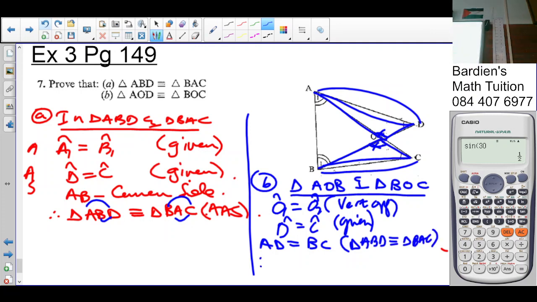So therefore, triangle AOD is congruent to triangle BOC. Why? You use two angles and a side.